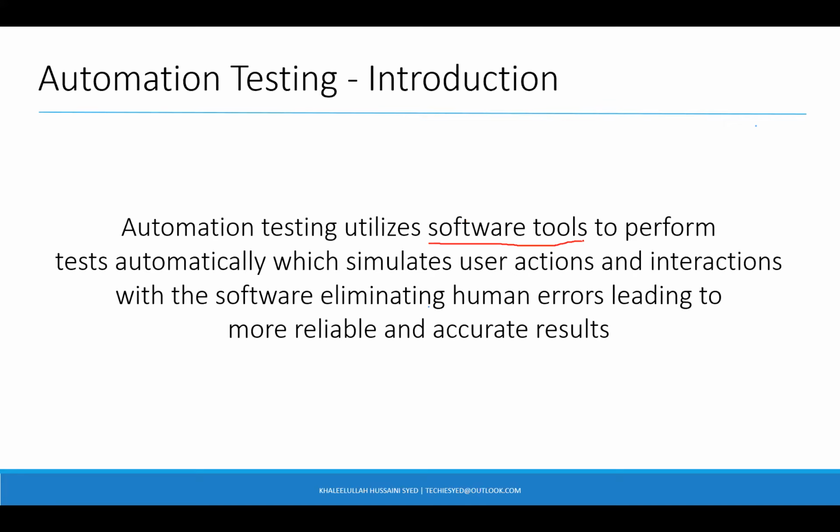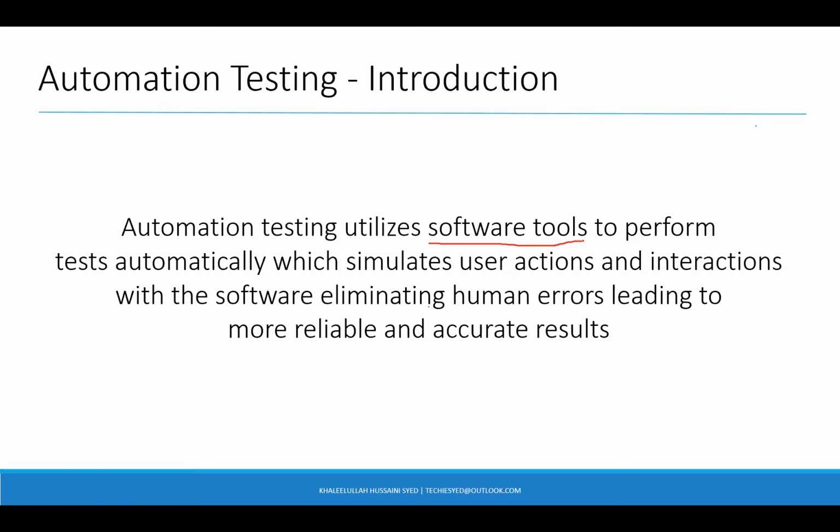Unlike in manual testing, where a person will open up a given page, fill out the forms and then observe the output generated. Then based on that, he will provide his feedback whether the test is passed or failed or there is any bug or something, right? In automation testing, this work is done by certain software tools.